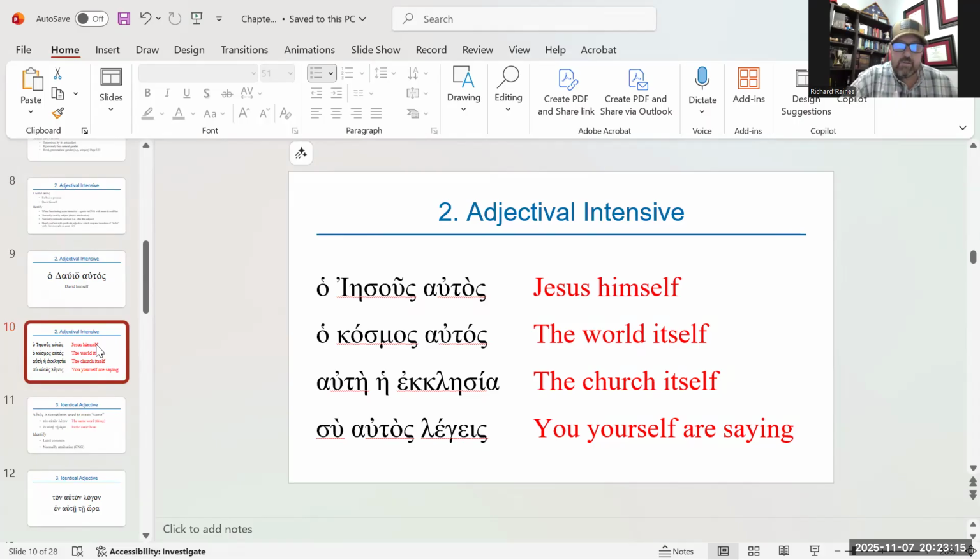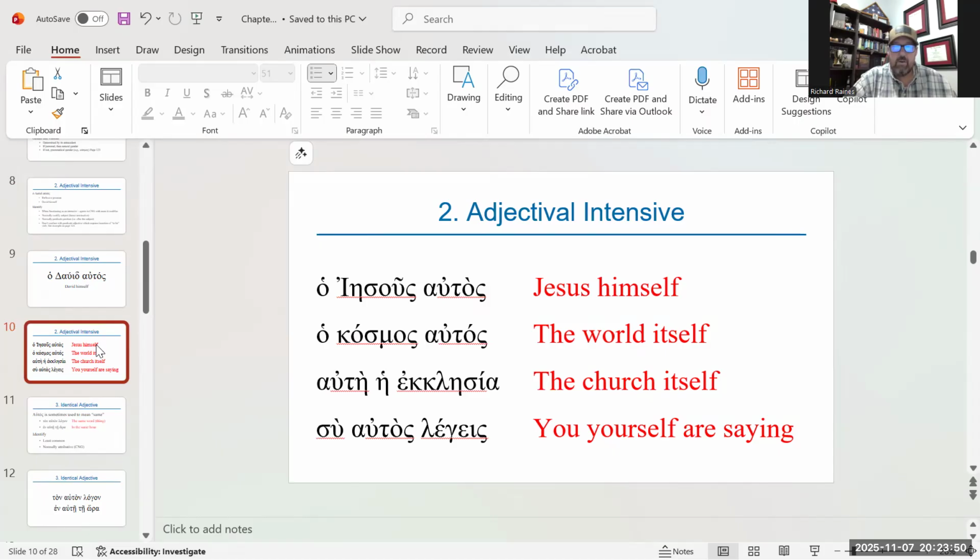Here is an instance where you see that autos precedes the noun. Hey ekklesia autes, "her, the church." Well, that doesn't really make any sense. So you would say the church herself, but then the church is not masculine or feminine, even though it's a feminine word, because in English, you would say the church itself.